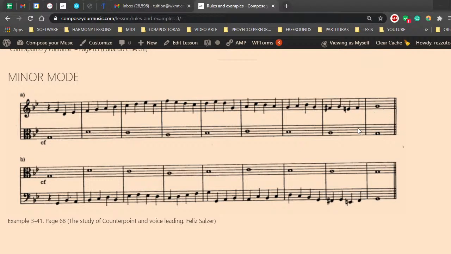So this is something that we are going to use, this kind of formula.